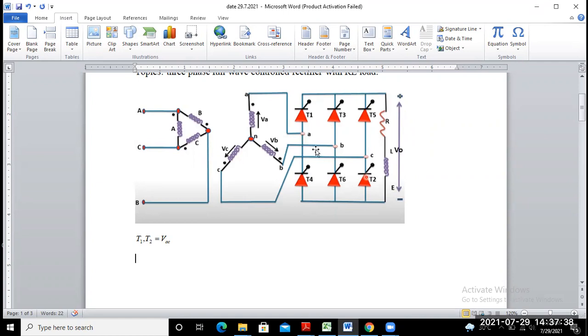So when thyristors 3 and 4 conduct, that is the voltage representation VBA.